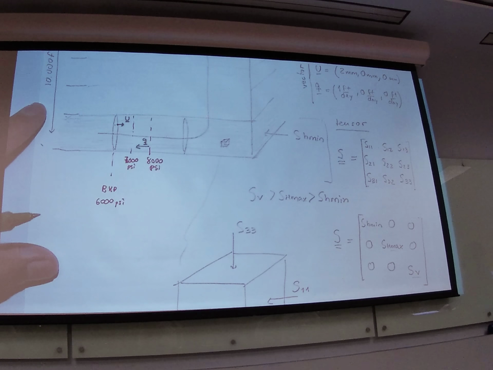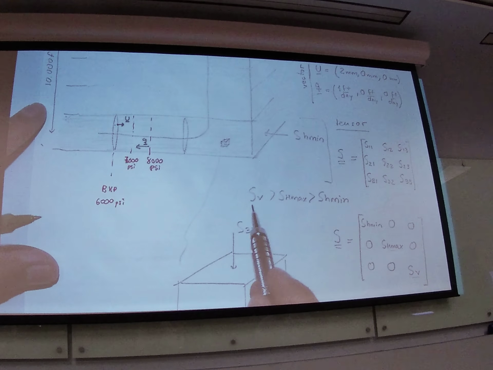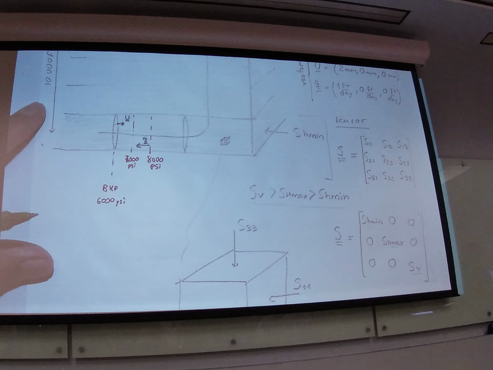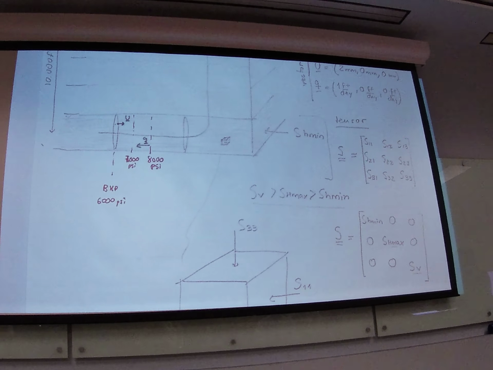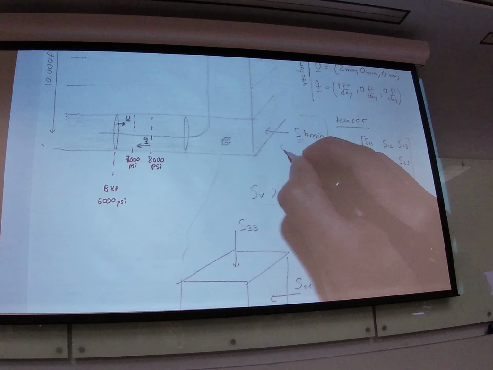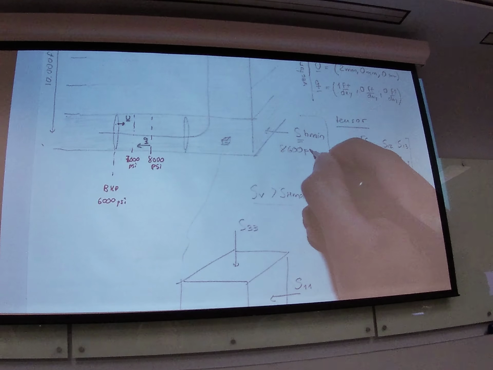We're going to see later on that usually the minimum horizontal effective stress for this type of normal faulting regime, you can calculate as more or less 1/3 of the effective vertical stress. We'll see why that later on. But if I take the rule, I could say that SH min is more or less 600 plus 8,000, which is 8,600. And just let me assume that.